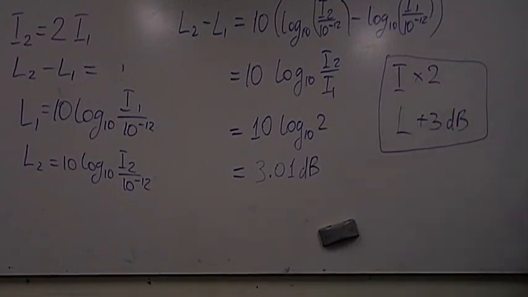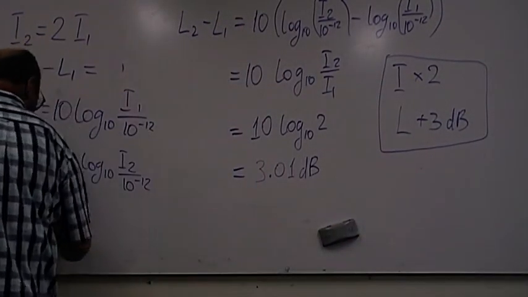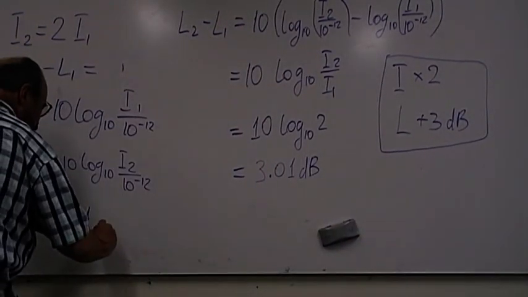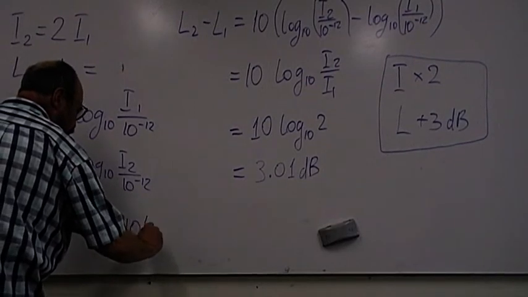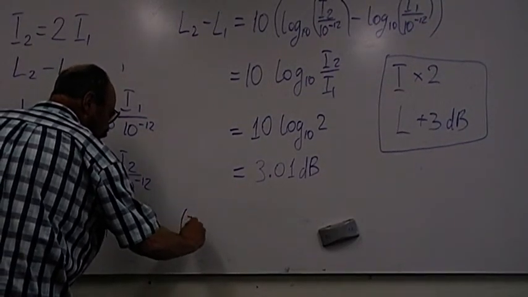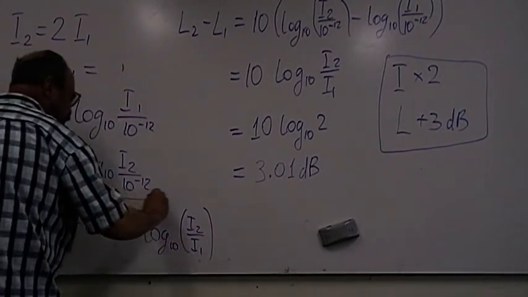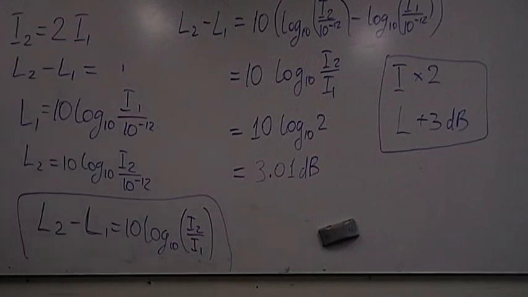Can we just use the formula L2 minus L1 equals 10 log10 of I2 over I1? Yes, you can use this formula. This is the difference in sound intensity levels.